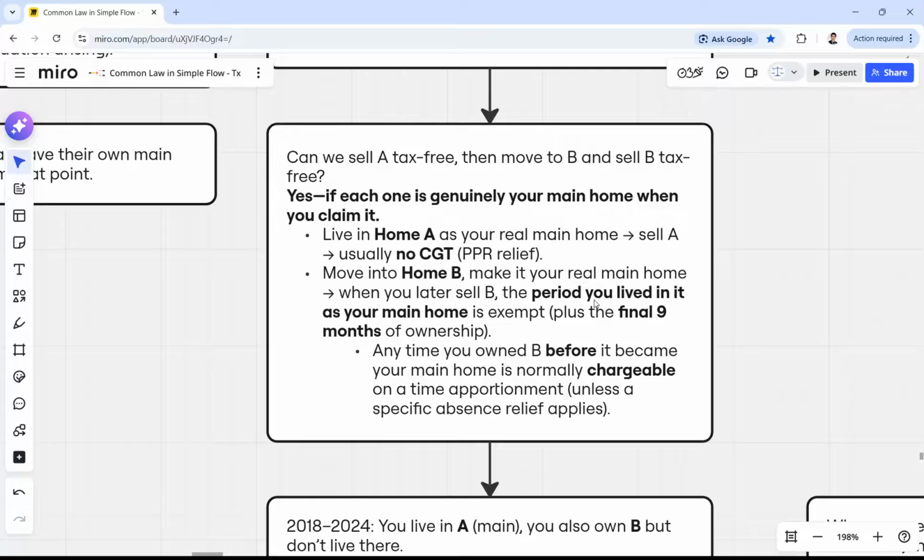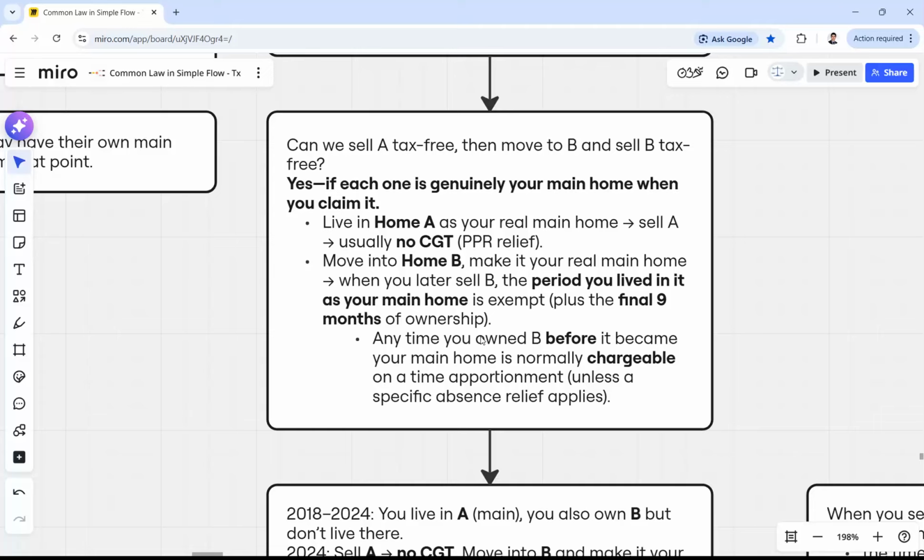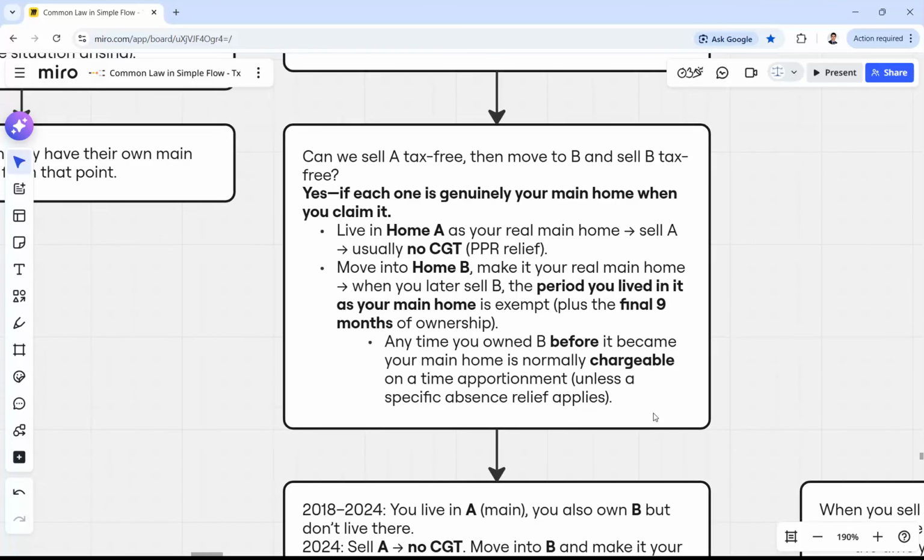When you later sell B, the period you lived in it as your main home is exempt, plus the final 9 months of ownership. Any time you owned B before it became your main home is normally chargeable on a time apportionment, unless specific absence relief applies.